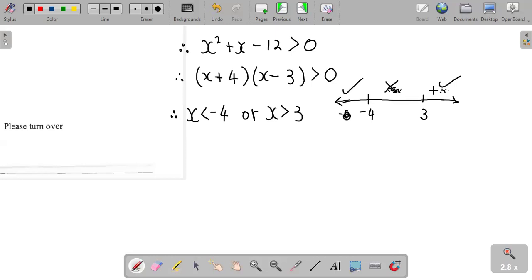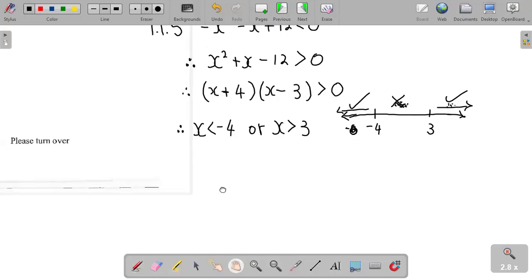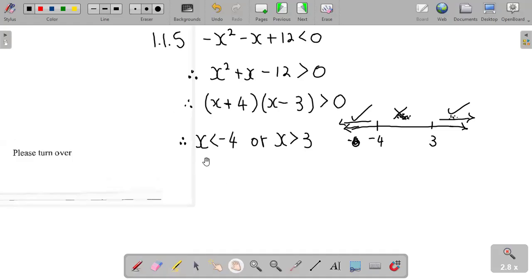So it's this side, greater than 3, or this side, less than -4. See? So that's it. These are the two intervals that give us the solution for this inequality.